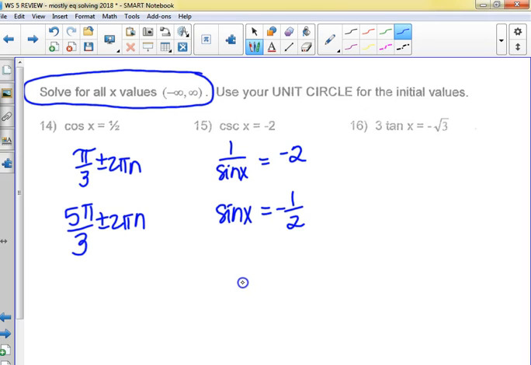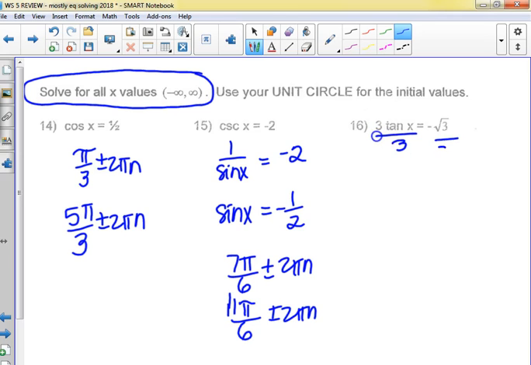And where is that true? 7 pi over 6 and 11 pi over 6, yes? And again, plus or minus 2 pi n? Yes, you can just do plus 2 pi n. The plus or minus is just me trying to remind myself that there's positive and negative.